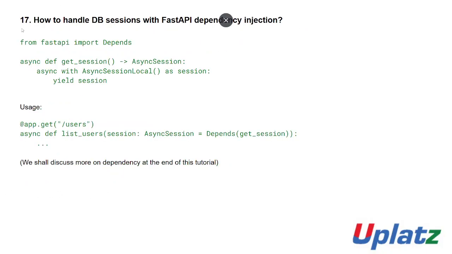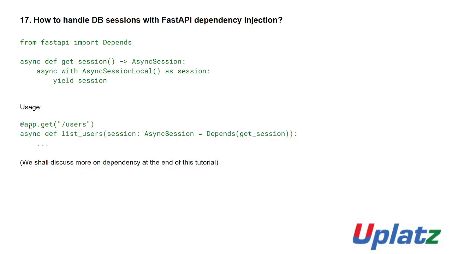Next, 17. How to handle database sessions with FastAPI dependency injection. From fastapi import Depends. async def get_session which returns AsyncSession: async with AsyncSessionLocal() as session: yield session.